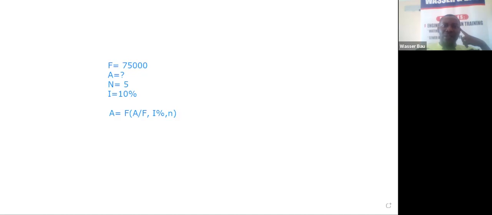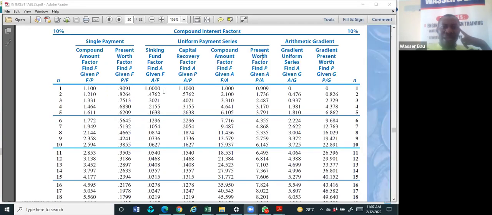F and A, so you do elimination. The only 2 with F and A that I have here are this and this. But in this case, here we are to find A, while here we have to find F. So the column is going to be the 3rd column.